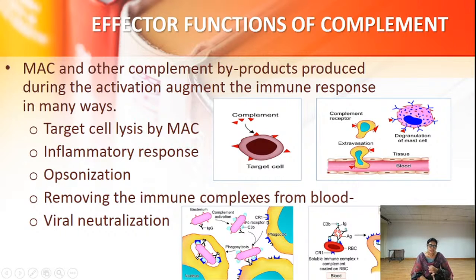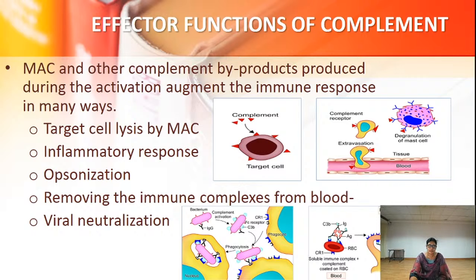So phagocytosis is increased because it is releasing the opsonins, the inflammatory response is increased because of the complements, the immune complexes are being removed and the viral neutralization is being done. But the major thing is the MAC complex, which attacks the target cell to get lysed. That is the major component.